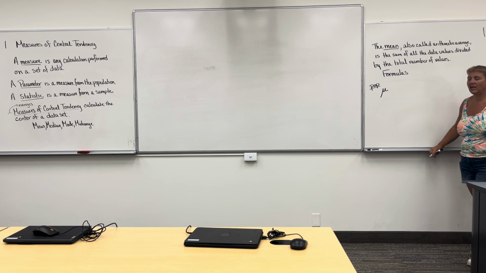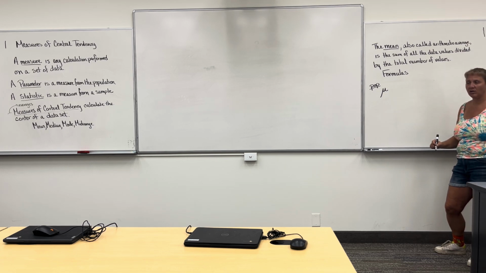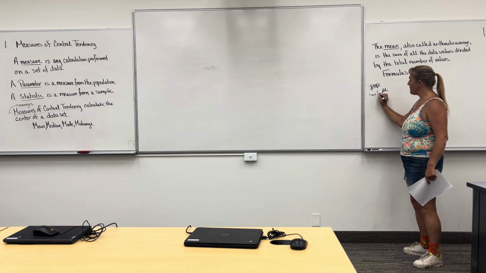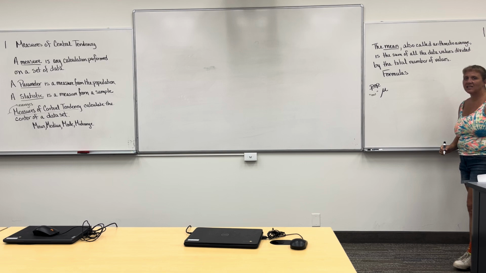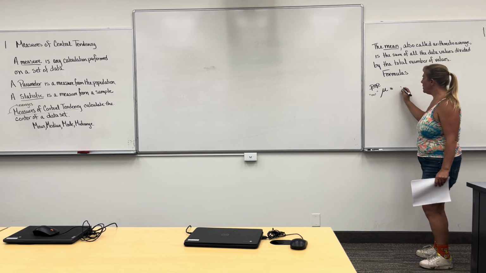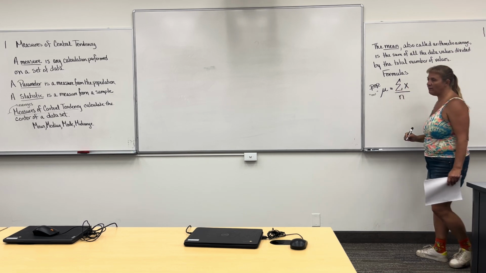And mu looks like a U with a tail on the front. And it's the Greek letter M. And mu is equal to the sum of the x's divided by n.